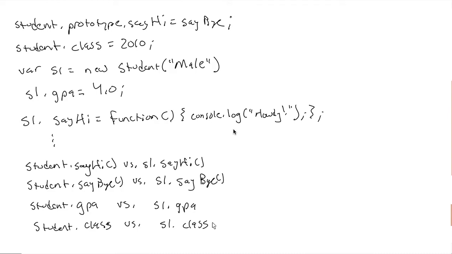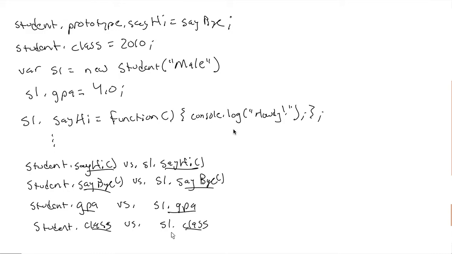So what I'm curious about is if I were to do a console log for any of these, or invoke these methods, or do a console log for the members, what would I see as output?